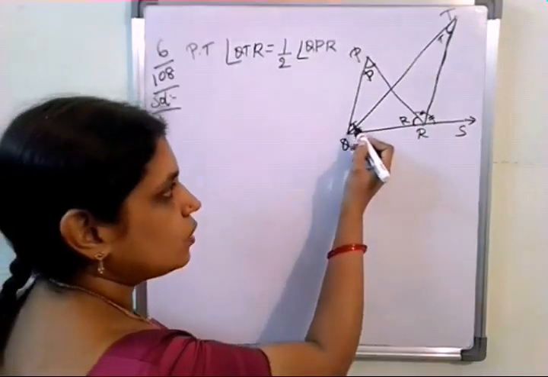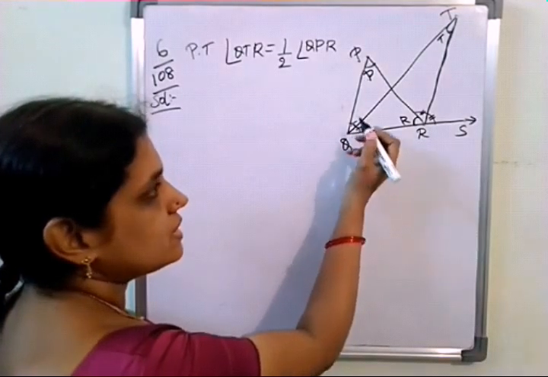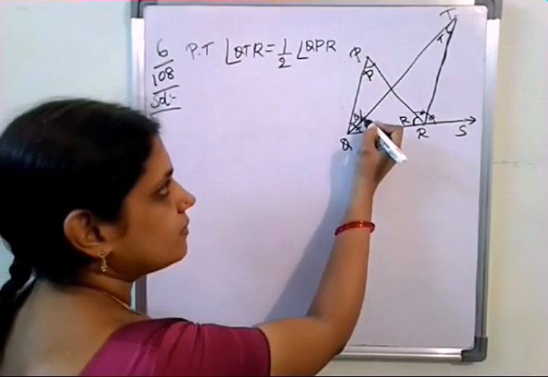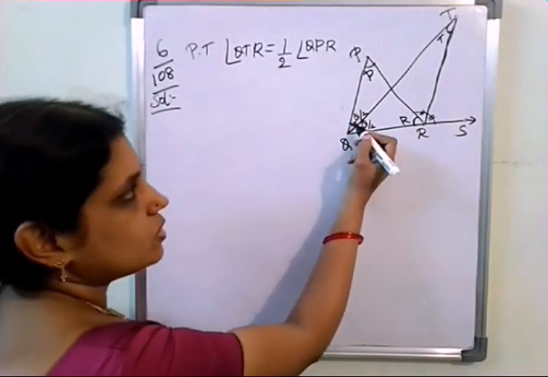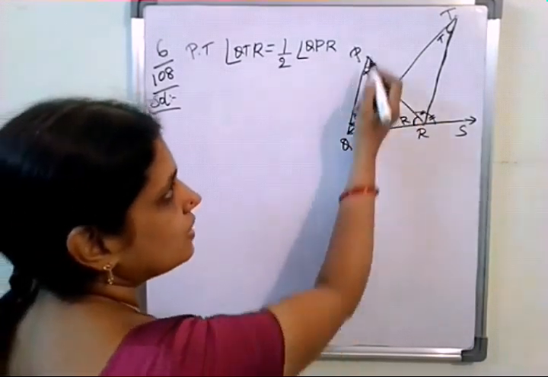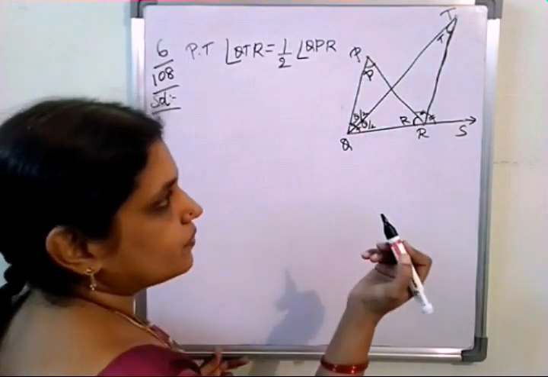And here actually angle Q also angle Q only. Okay, this is Q, but since it is a bisector, here Q by 2, Q by 2. This total angle is Q. So since QT is the bisector of angle PQR, here I am writing Q by 2, Q by 2. Okay.